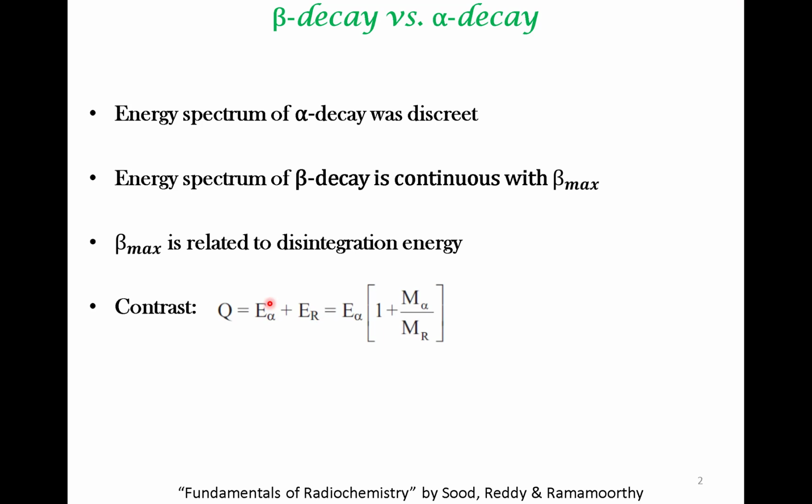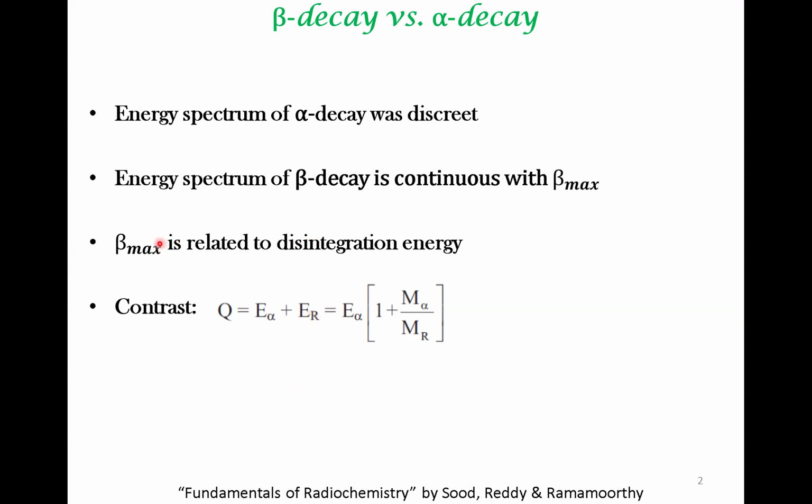In contrast to this, beta decay is different. The mass of beta particles is much less than that of alpha particles. So for momentum conservation, there is no need for significant recoil energy. Most of the energy released by beta decay is carried by the beta particles.